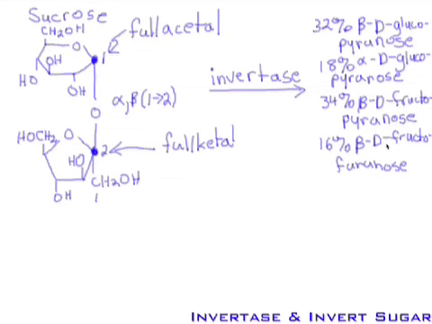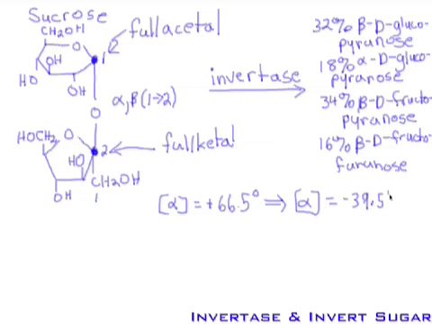Now, during the conversion, the cleavage, during the process of mutarotation that generates these percentages of sugars, the specific rotation changes from an alpha of plus 66.5 degrees, and it changes to an alpha of minus 39.5 degrees.